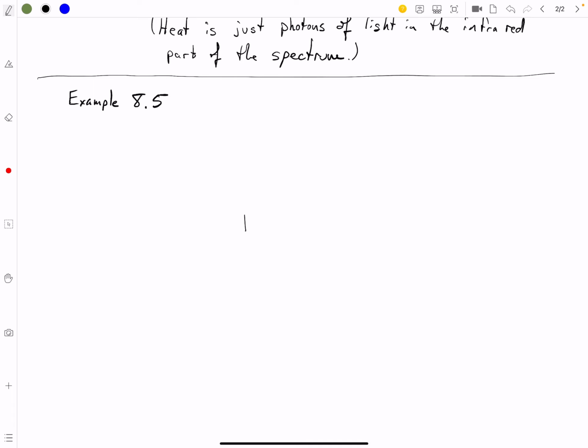And this is how you can check and see if you have a conservative or non-conservative force, okay? A way to check conservative versus non-con.